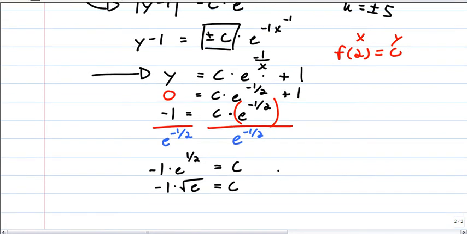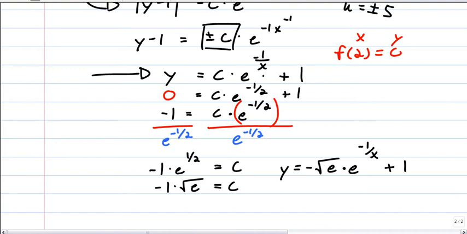So we just rewrite it. y equals negative square root e times e to the negative 1 over x. Which is fine. Honestly, if you stop there, it's fine. Here's how they have the answer in the solutions guide. Oh, and we had a +1 there. Yeah, +1. Yeah, sweet, you did it.